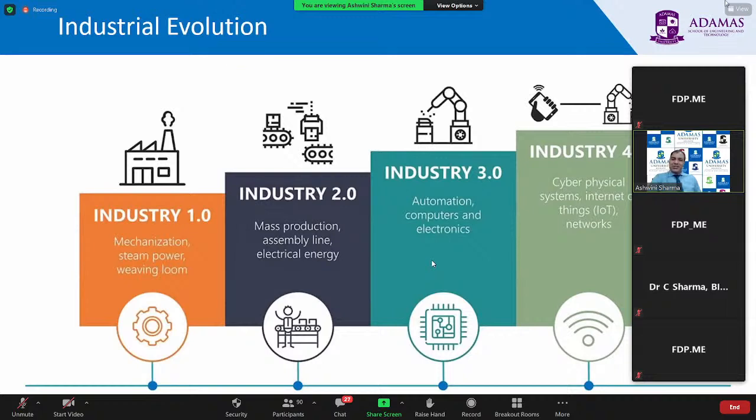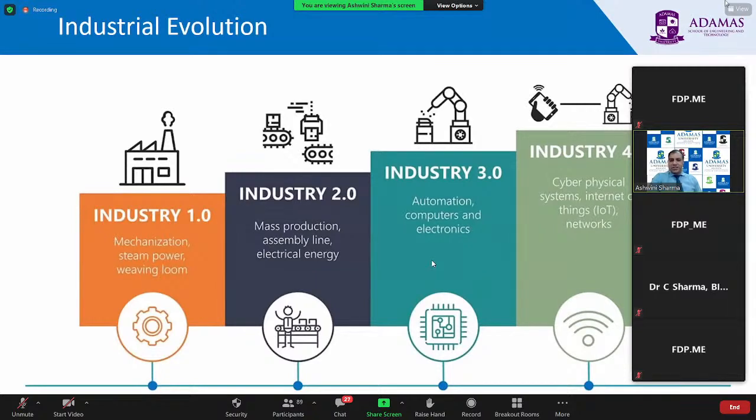Now, coming on to Industry 3.0, that is more or less automation, computers and electronics. It started in the 1970s or so, wherein most of the production was semi-automatic. And nowadays, in today's environment, all these things are coming together with cyber physical systems.